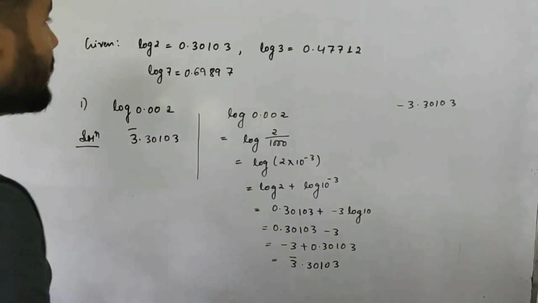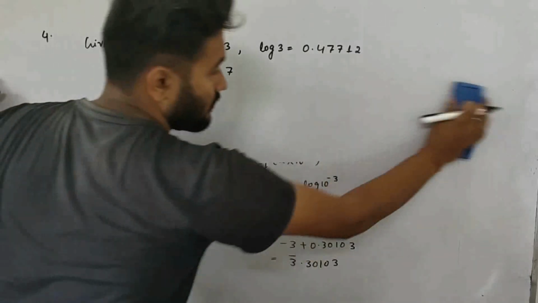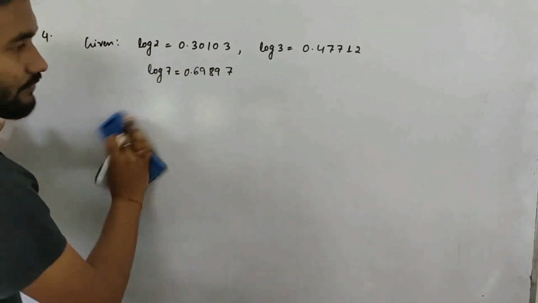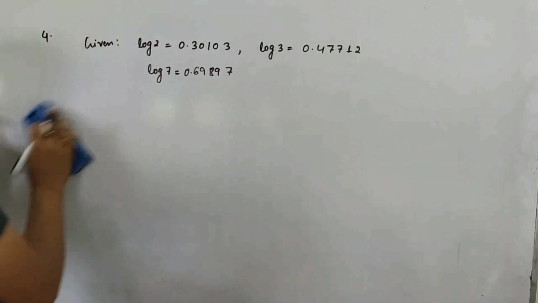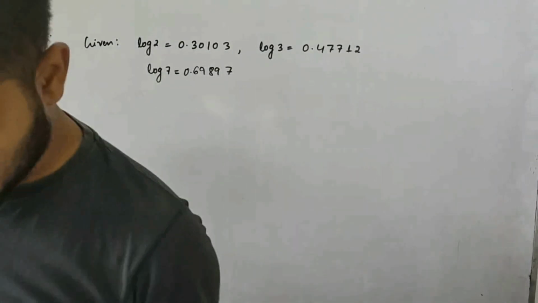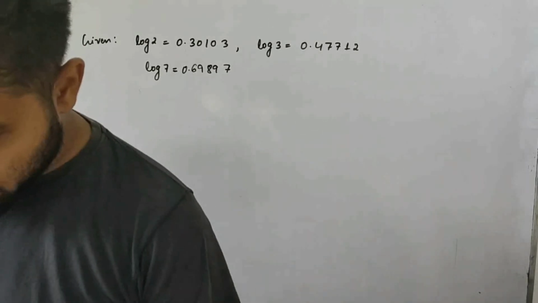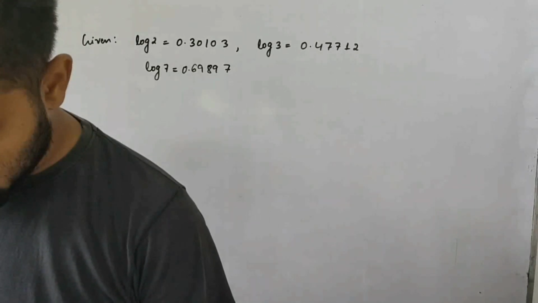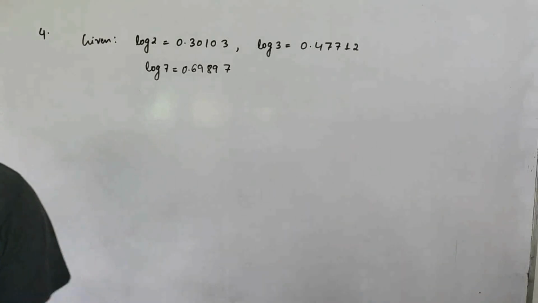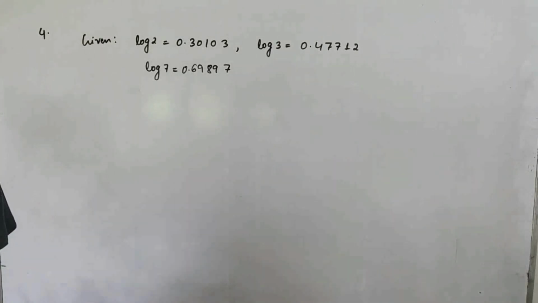So now let us see the next one. It is better if you find a shortcut. If you have the shortcut, use the shortcut in the question, in the exam. Log of 25, now log 25 you can find very easily. Log 7.2, log 300, log 0.5. Any one I will do. Say for example, log 0.5 I am doing.